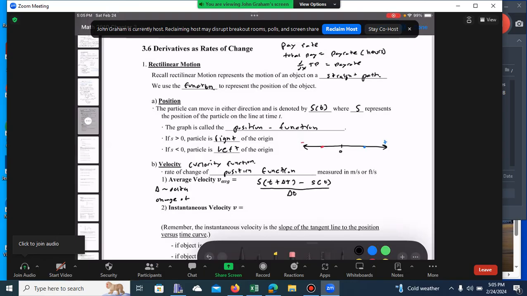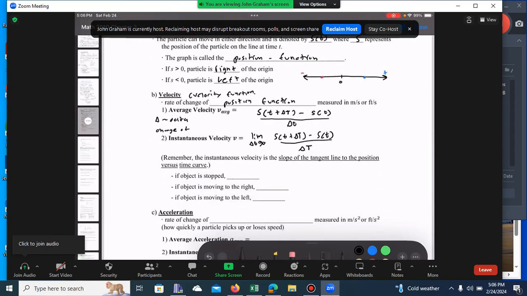Delta, the triangle, just means change. The instantaneous velocity, on the other hand, is the limit as delta t goes to 0 of your average velocity, so the limit of s of t plus delta t minus s of t over delta t. Your instantaneous velocity is going to be the slope of the tangent line to your position versus time graph. And so it's the velocity at any point on your position function graph.